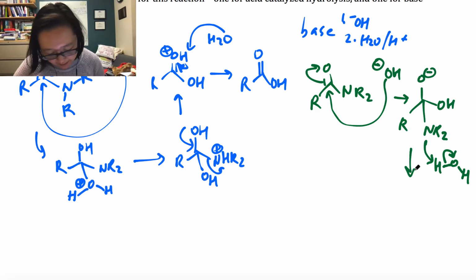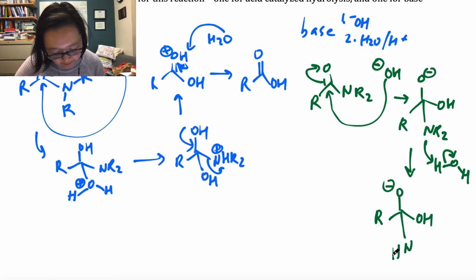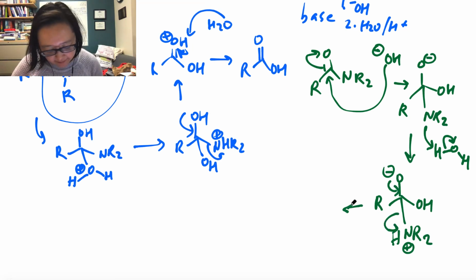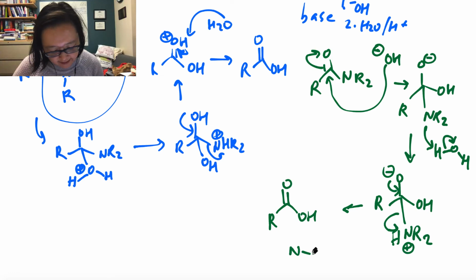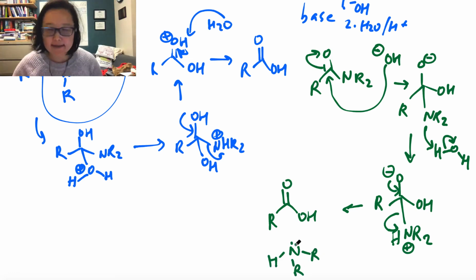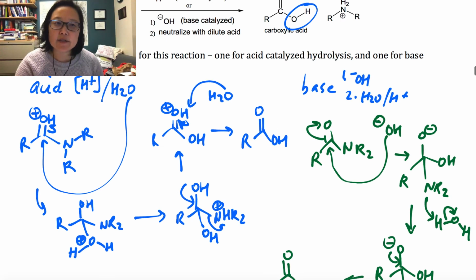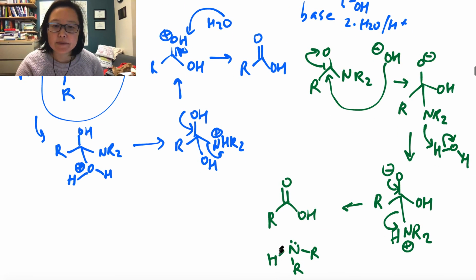And once we do that, now we've got a good leaving group with the nitrogen to kick it out, because it will be positively charged at that stage. And after that, we're going to have our carboxylic acid. And our byproduct here is an amine. It's the amine generated from the amide, from this NH or NR2 group.